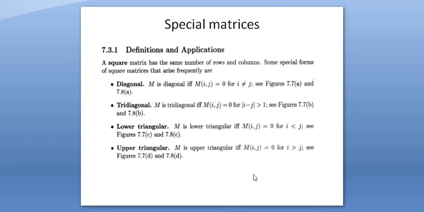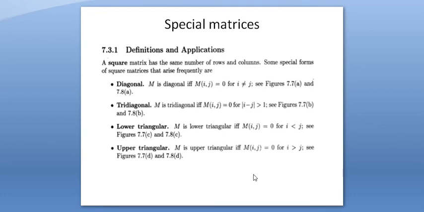What is this? Magnitude of i minus j greater than 1. So let's assume i and j values to be equal to 1 1. In that case, magnitude of i minus j, is it greater than 1? No, it is less than 1, which means at that particular index position, the value of M of ij will not be equal to 0.